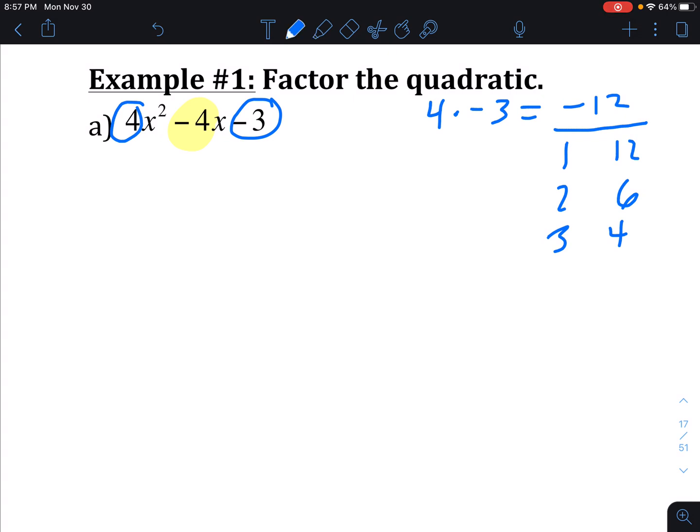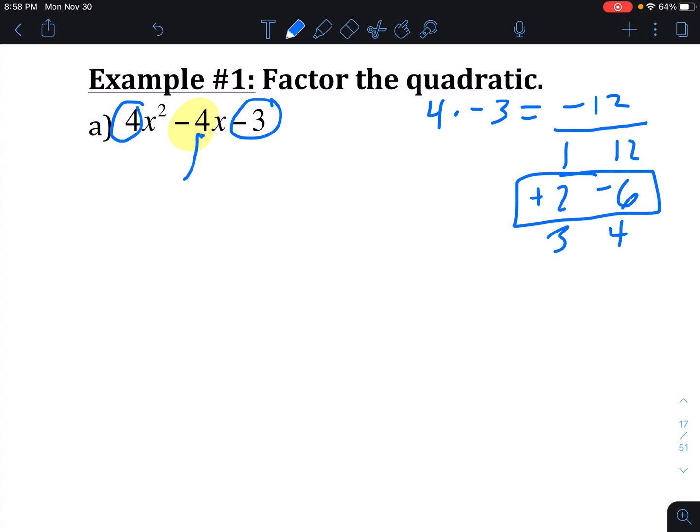So again, look at the factors, 1, 12, 2, 6, 3, 4. Which one of those could be a plus and a minus to make a negative 4 for the B? Well, look here in the center one. If you put a negative for 6, plus 2 minus 6 makes my B term negative 4.